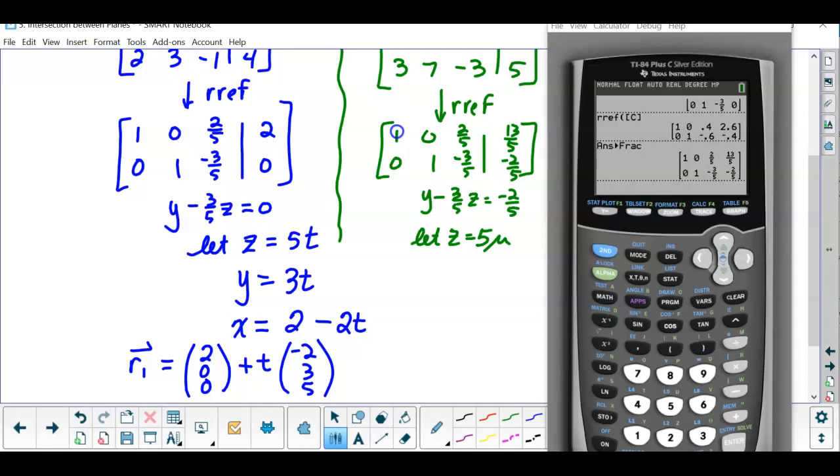I'm going to use a different parameter since it's a different line. And r equal negative 2x.